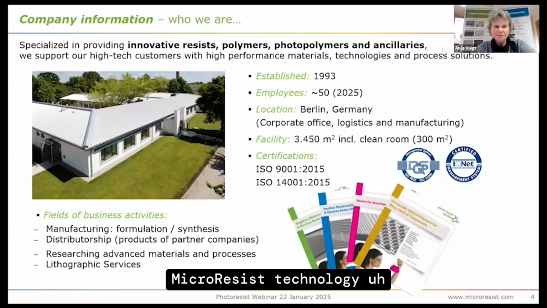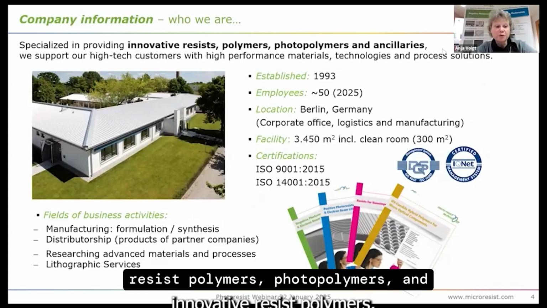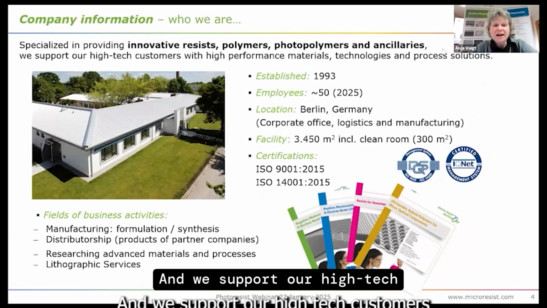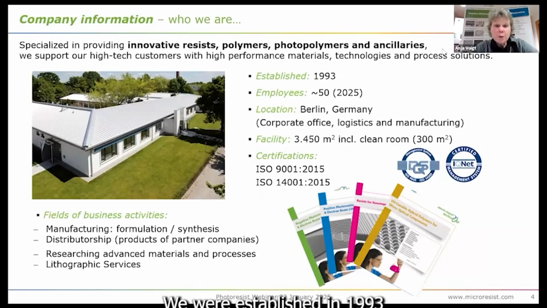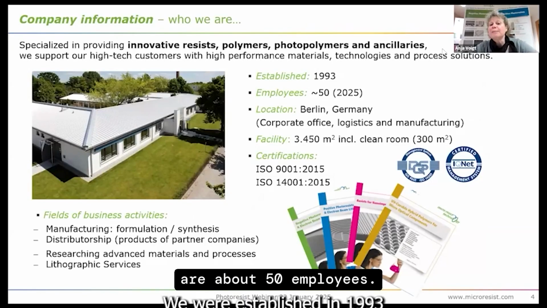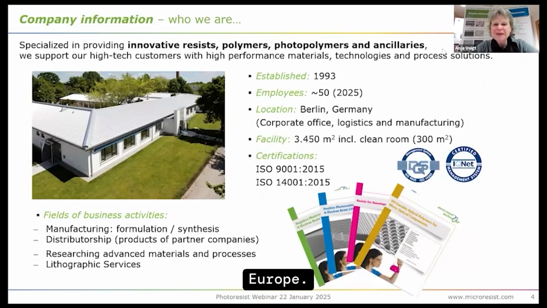MicroResist Technology is specialized in providing innovative resist polymers, photopolymers, and ancillaries, and we support our high-tech customers with high-tech performance materials, technologies, and process chemicals. We were established in 1993, and we are about 50 employees. We are located in Berlin, Germany, Europe.